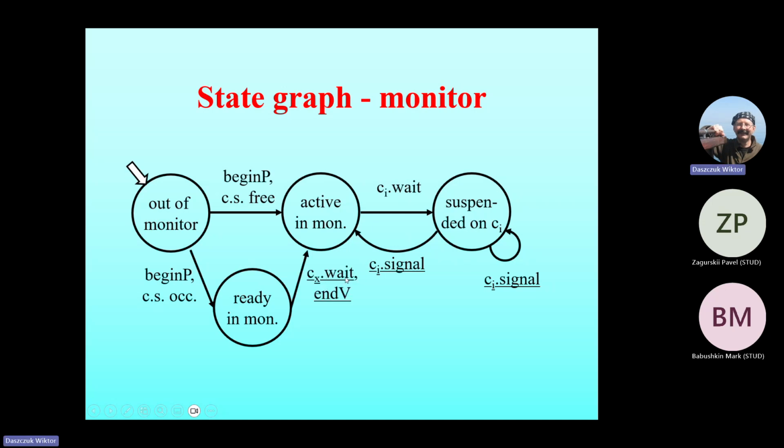When another process leaves the critical section, there are two such situations: a process executes wait on some condition, or leaves the method of the monitor.